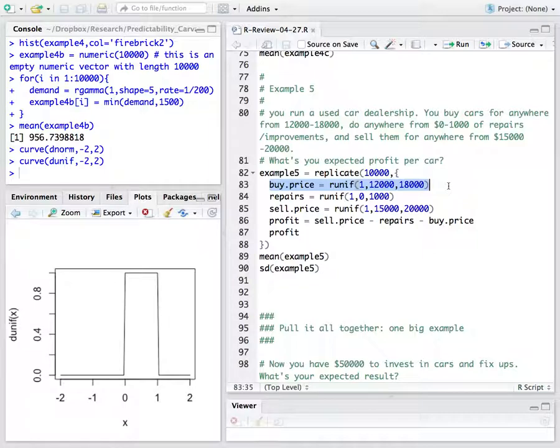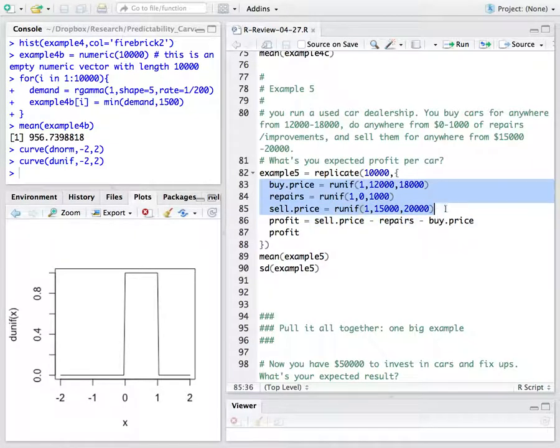So in this case, for prices of used cars we're going to buy, that price could be anywhere from $12,000 to $18,000 with all equal probability. The dollar figure of repairs that we do is anywhere from $0 to $1,000. The sell price is anywhere from $15,000 to $20,000.